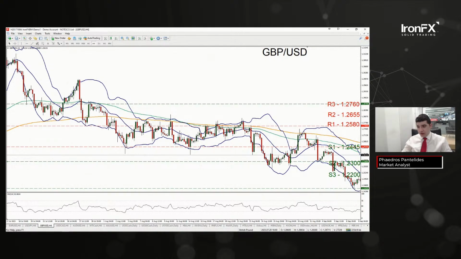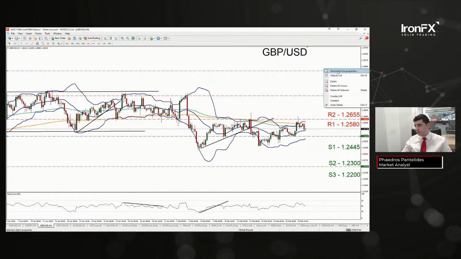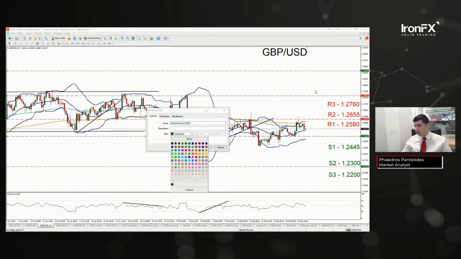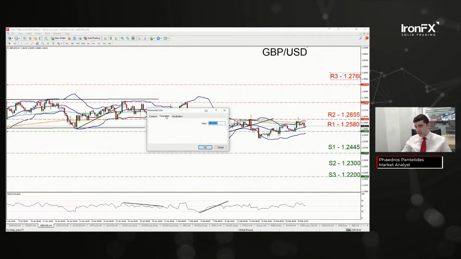This looks very nice. Found resistance, wicked up, failed to break above, moved lower. So that's my R3. Now, one could say yes, it's relatively far away from R2, but look at S1 and S2 and then S2 and S3. So that's actually all right. It's consistent with the other support and resistance levels.